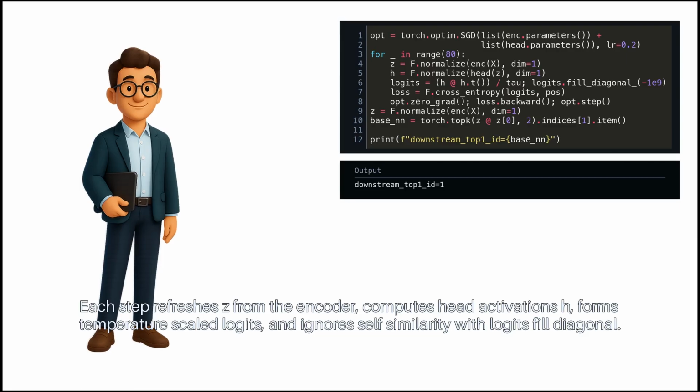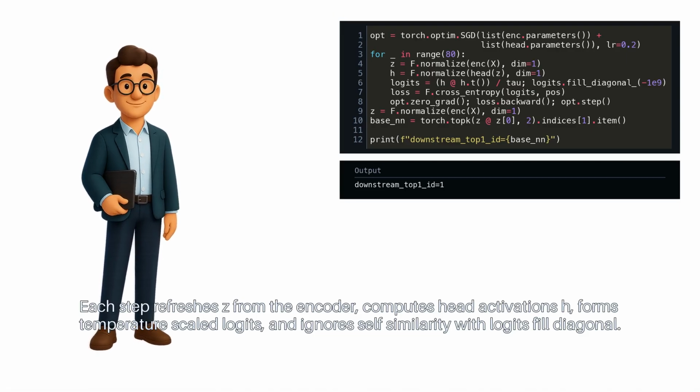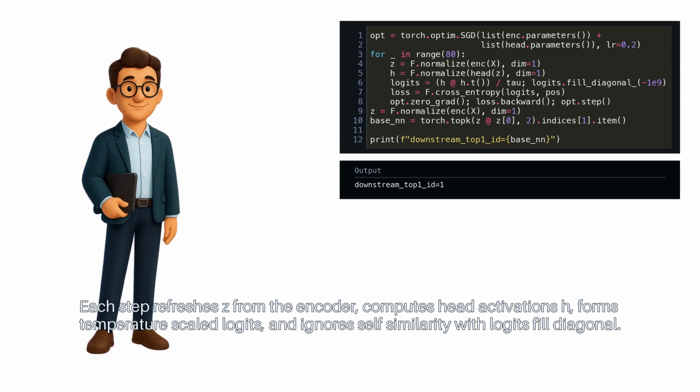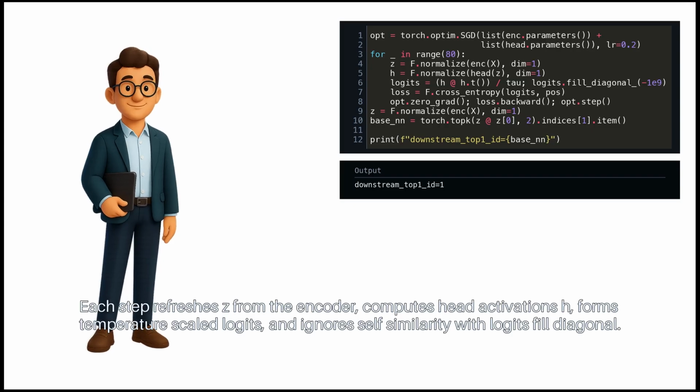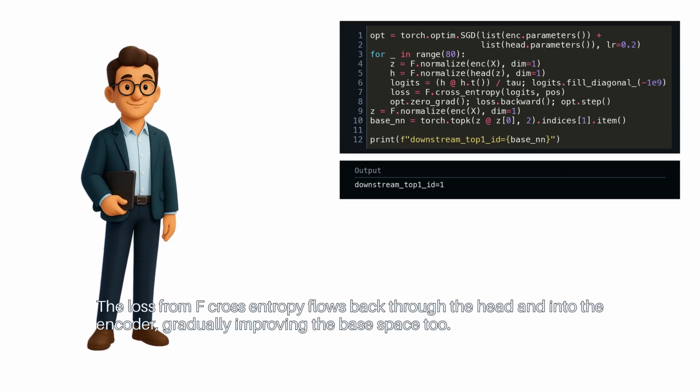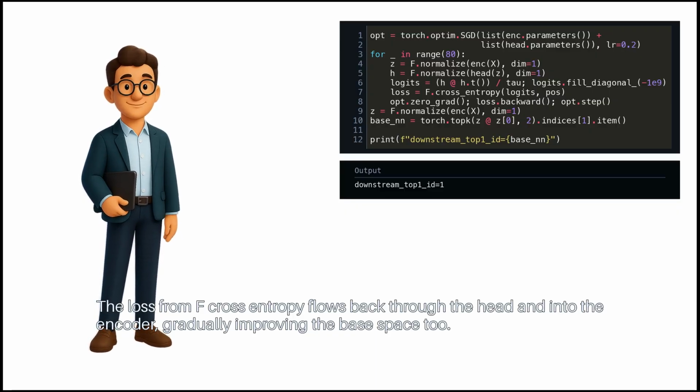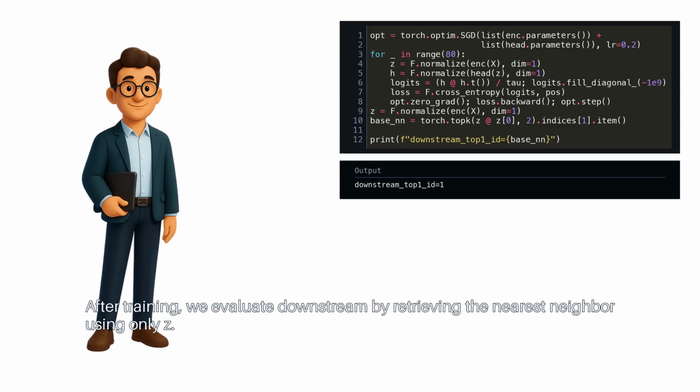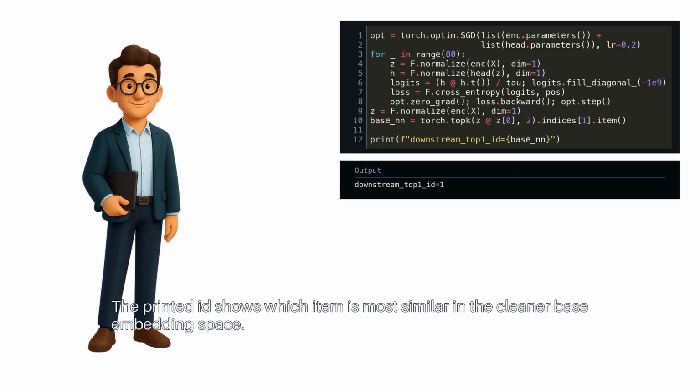Each step refreshes Z from the encoder, computes head activations H, forms temperature-scaled logits, and ignores self-similarity with logits.fill_diagonal. The loss from F.cross_entropy flows back through the head and into the encoder, gradually improving the base space too. After training, we evaluate downstream by retrieving the nearest neighbor using only Z. The printed ID shows which item is most similar in the cleaner base embedding space.